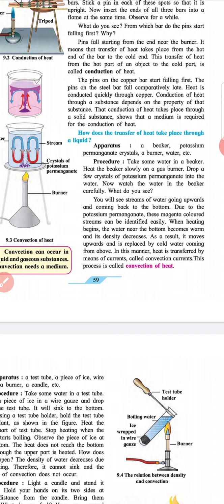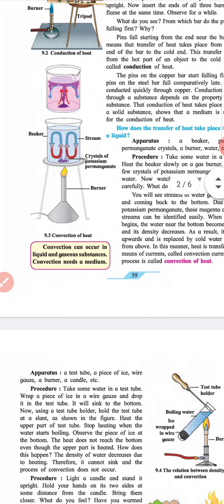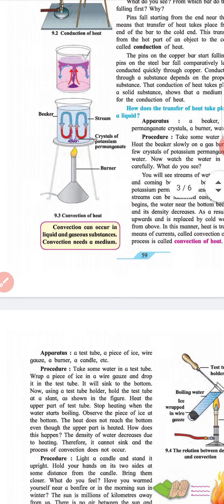As a result, it moves upward and is replaced by cold water coming from above. In this manner, heat is transferred by means of currents called convection currents. This process is called convection of heat. Box. Convection can occur in liquid and gaseous substances. Convection needs a medium.